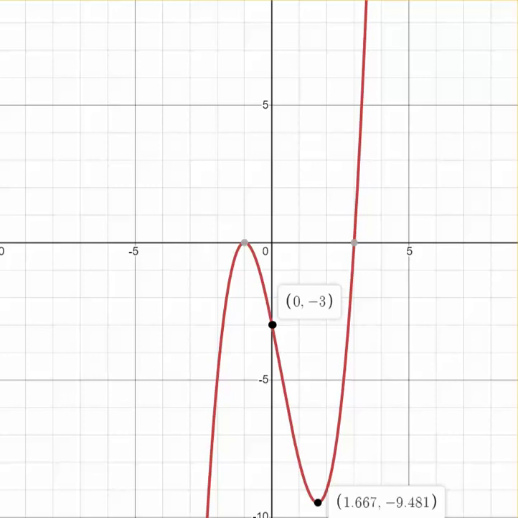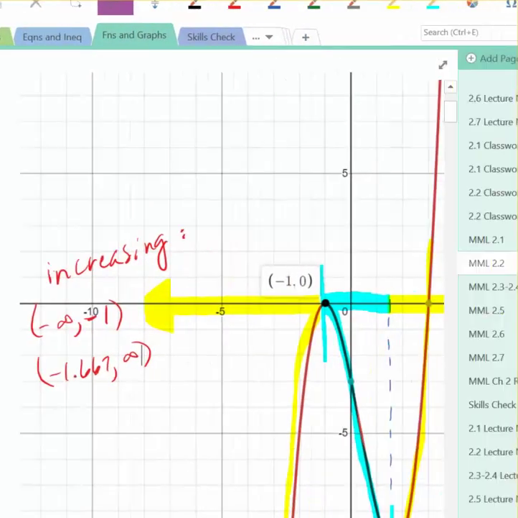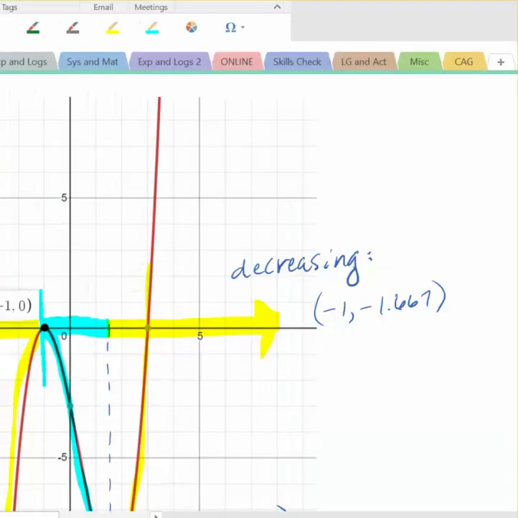We're only going to talk about on what interval are the values of the function, which is the output values, increasing, and we state that interval in terms of x's. So what that looks like, let me pull this over here for you, and let me resize it, hold on.